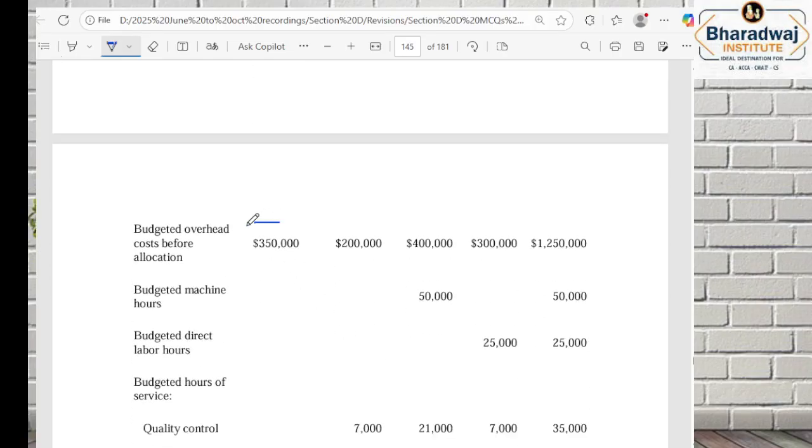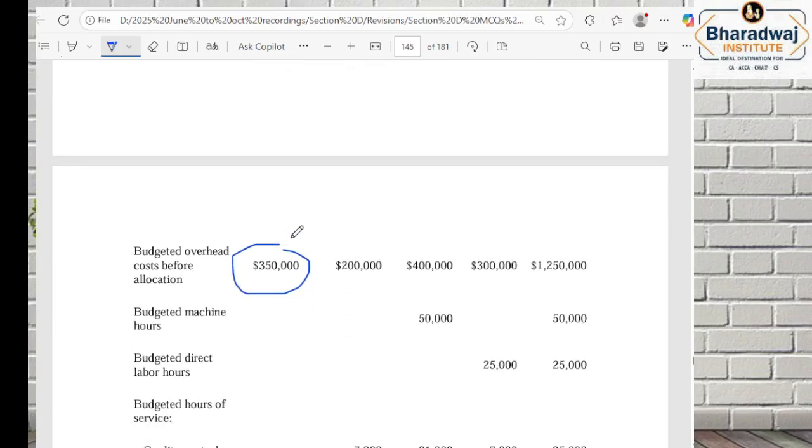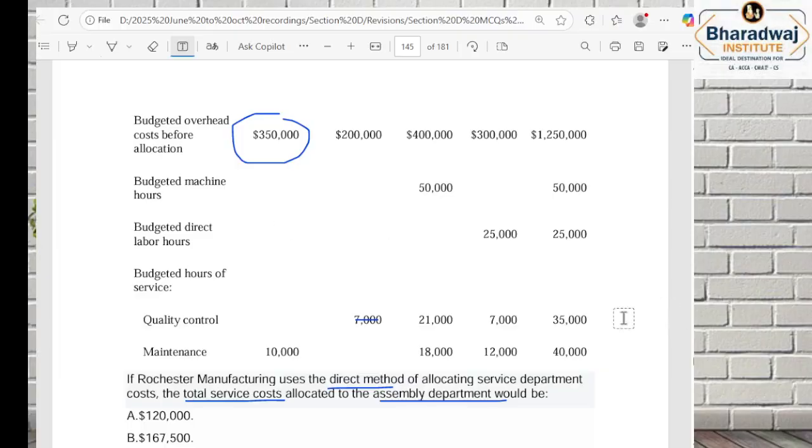The total service cost is assigned directly. So the quality control 3,50,000 will be assigned based on 7,000 by 28,000, which is 1/4. How much will be assigned for this? 87,500.